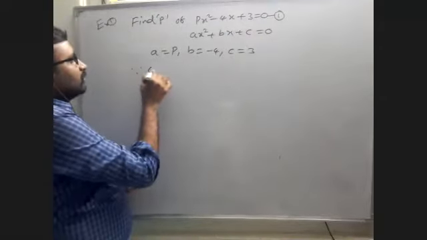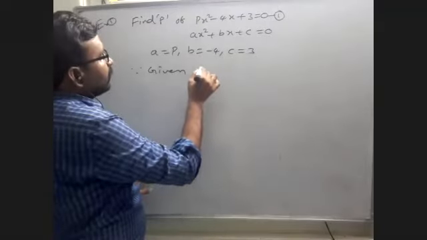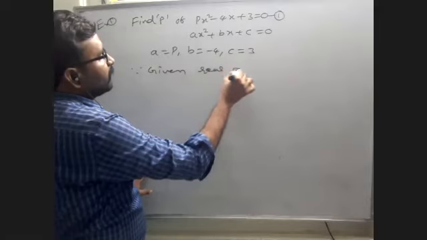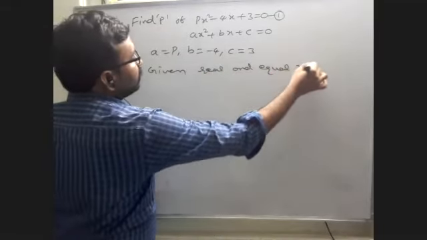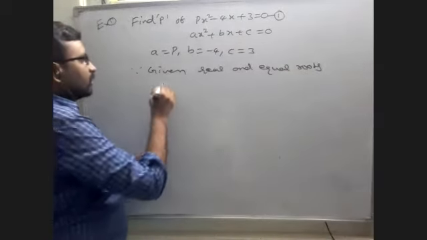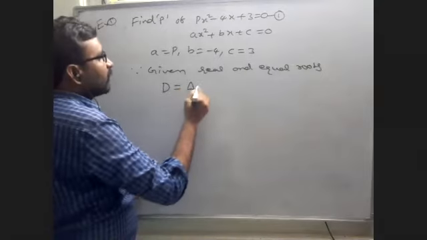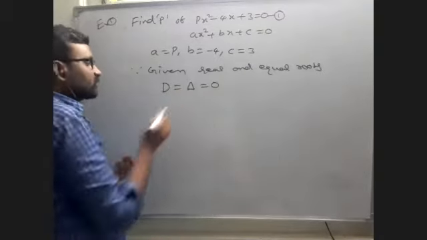Since real and equal roots are given, delta equal to 0. What is the meaning of delta? What is the equation of delta?